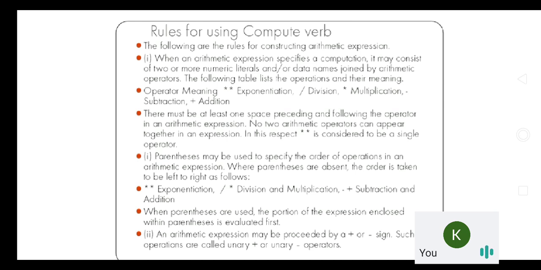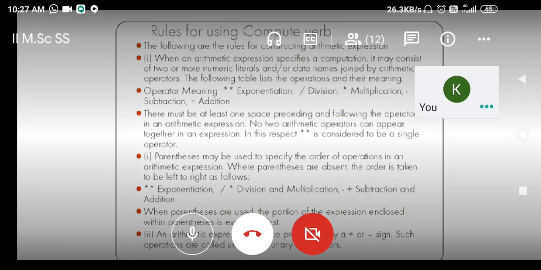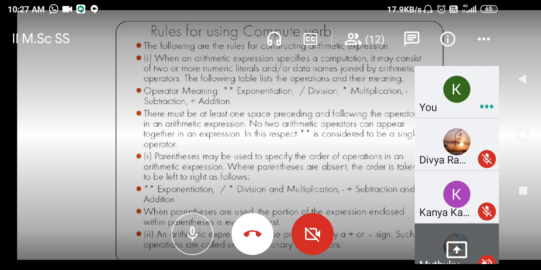Whenever you mention the operators and operands, between the operators and operands you must leave a space. Okay. So between operators and operands in a particular expression you have to leave a single space, to differentiate the operands and operators. Okay. So that's the thing.